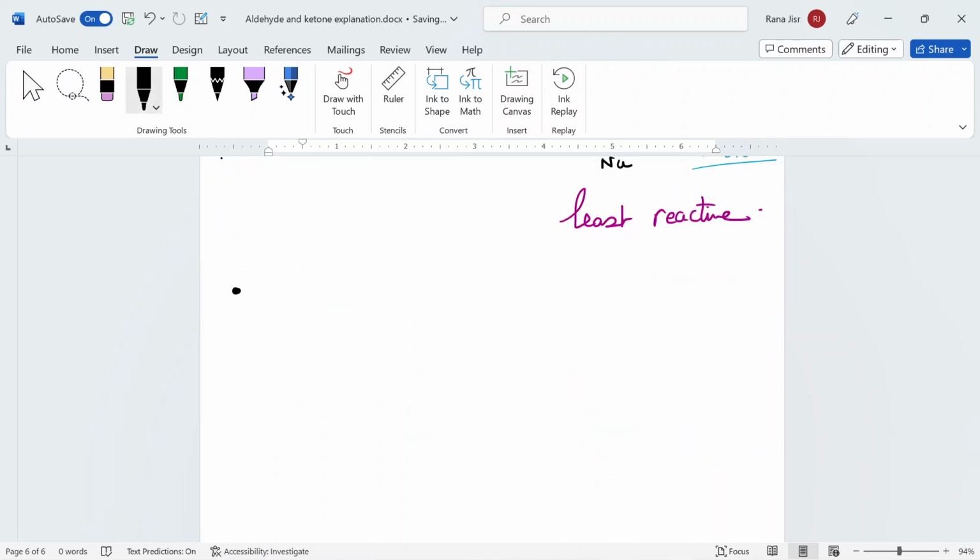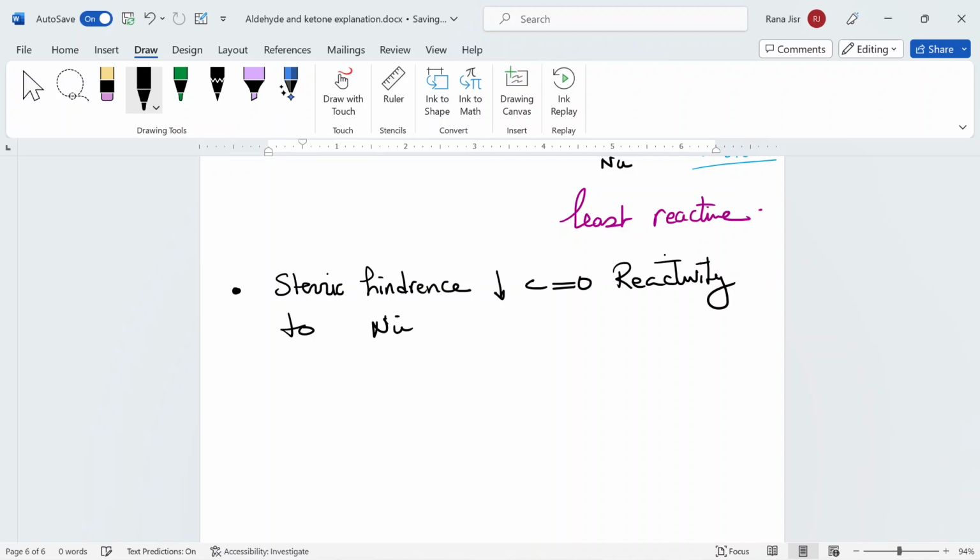Another factor that affects the carbonyl reactivity to the nucleophile attack is the steric hindrance in there. So the steric hindrance normally decreases the carbonyl reactivity to the nucleophilic attack.